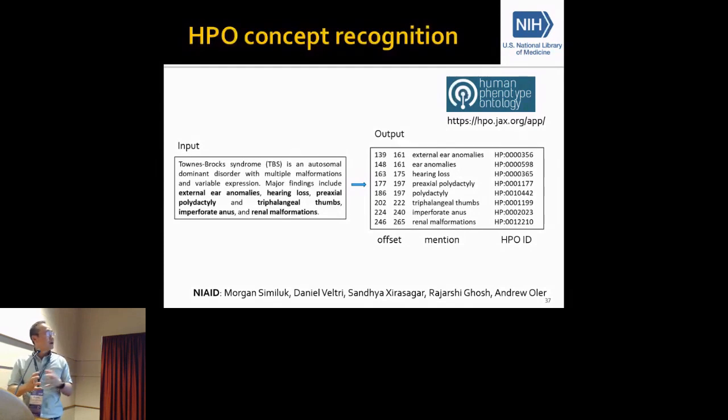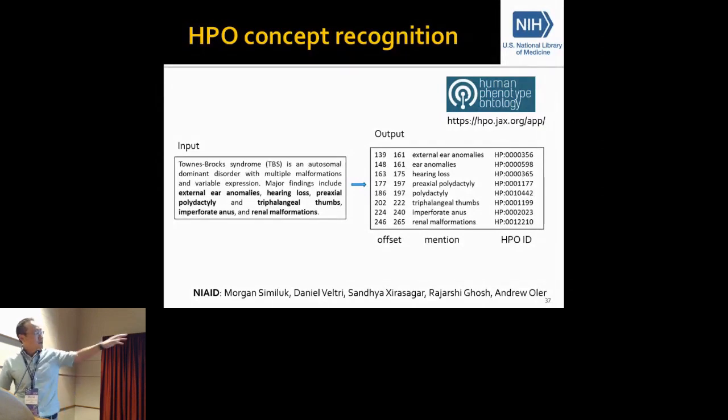Here is an example brought up by our colleagues from the NIAID Institute, where they are interested in giving a plain text and asking us to extract the phenotypic terms and normalize them into the Human Phenotype Ontology, HPO.